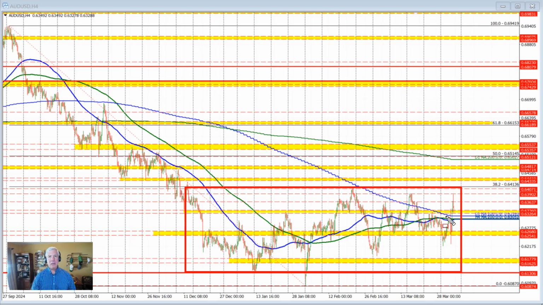The 100-day moving average is also moving down toward that level, currently at 0.6316 or so. So about 11 pips is the difference between those moving averages, all that cluster of moving averages. And in trading today with the tariffs, we saw the dollar move lower, and this price ultimately moved above that cluster of moving averages right through here.